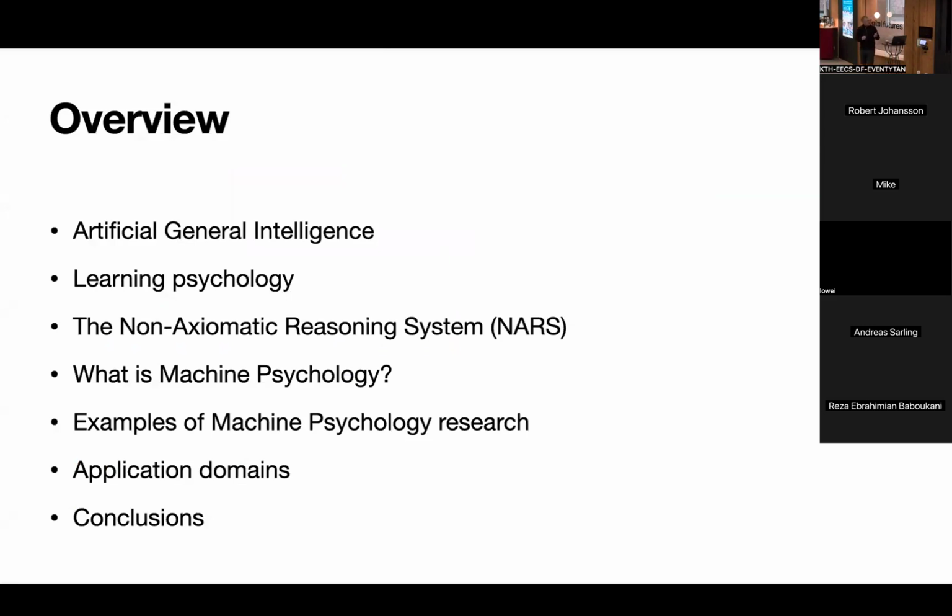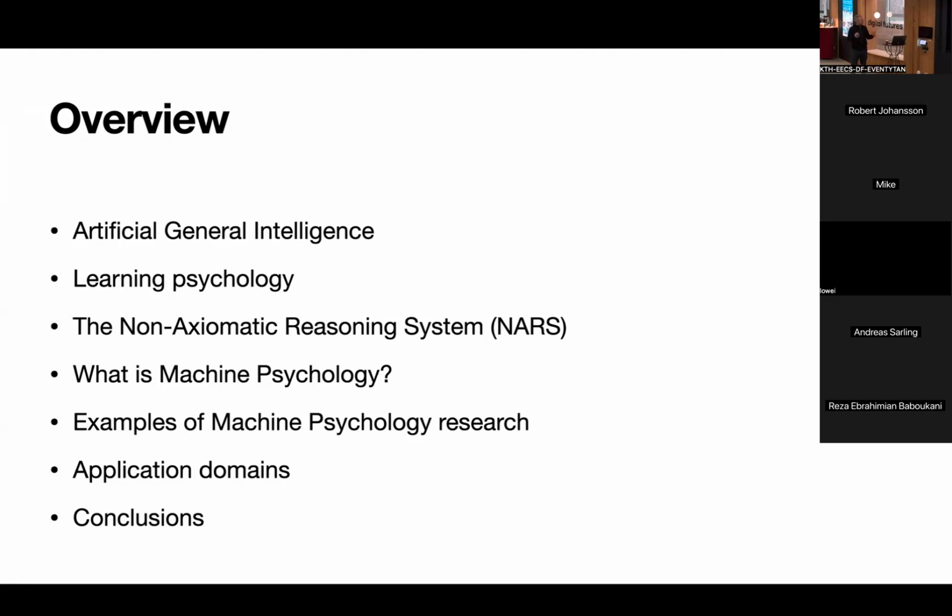And how I organize this talk is in these topics. I will briefly say first something about artificial general intelligence. Then I will describe a particular approach to that called learning psychology. I will say just a few words about NARS, the system that we use.